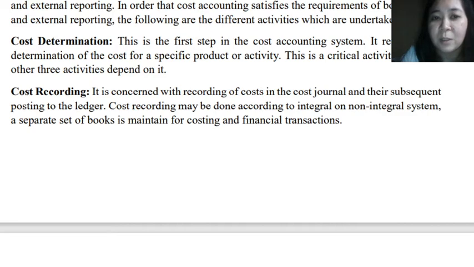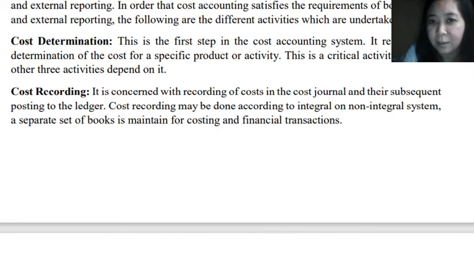Cost recording may be done according to the integral system, or non-integral, meaning a separate set of books will be maintained for cost accounting and for financial transactions.